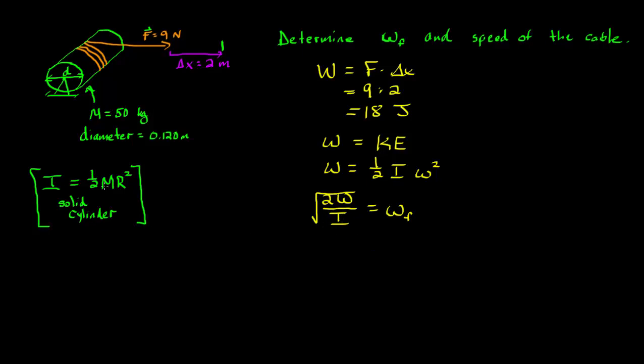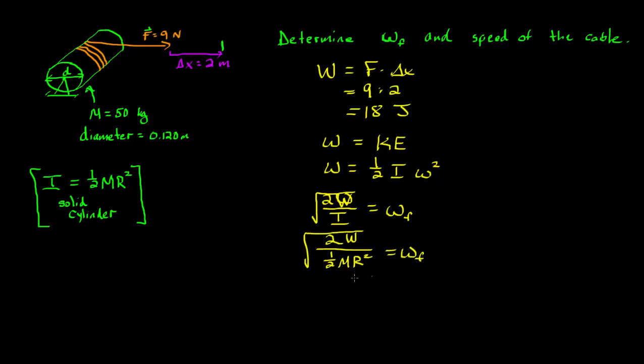Now the I is this quantity here, so we might be able to simplify this. That'd be 2 times the work, W, over 1/2 mr squared, and we'll take the square root of that.